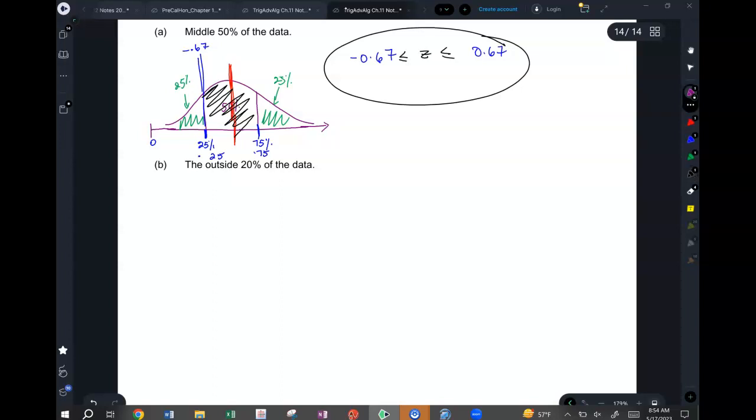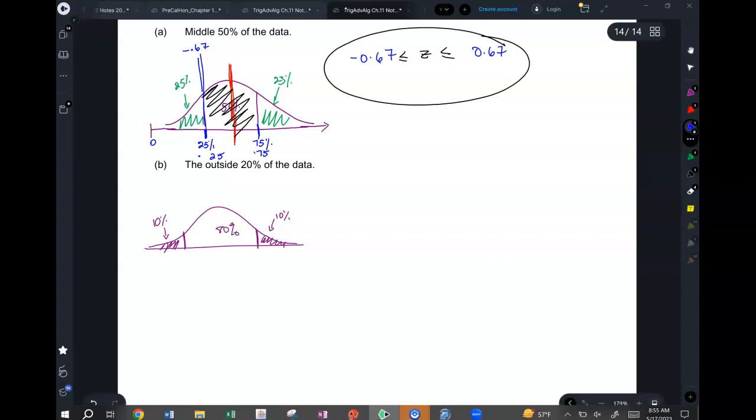Now we want the outside 20% of the data. Okay, so if I want the outside 20%, that's here and here, correct? So how much is the left portion? 10%, yes? This is also 10%. How much is the region in the middle? 80%.